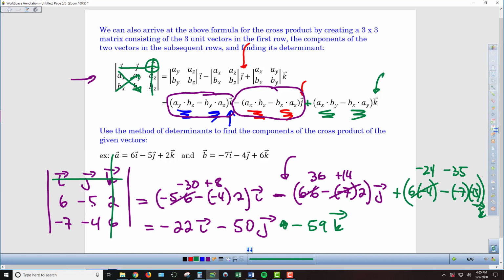Do the same thing with the top row and the middle column, and the same thing for the end. The only difference is we have to have that subtraction symbol in our formula to get the right positive or negative sign on the middle. But otherwise, instead of having to memorize, we can use this eliminate-the-row-and-column approach of the 3 by 3 determinant to help us calculate the cross product components of A cross B.